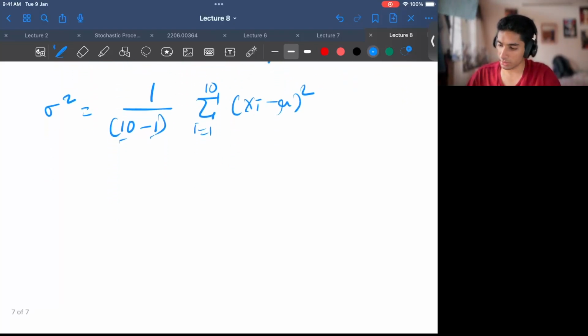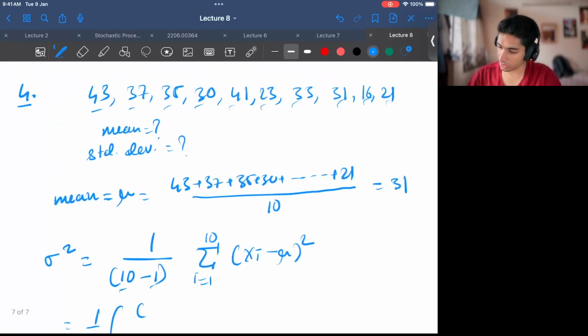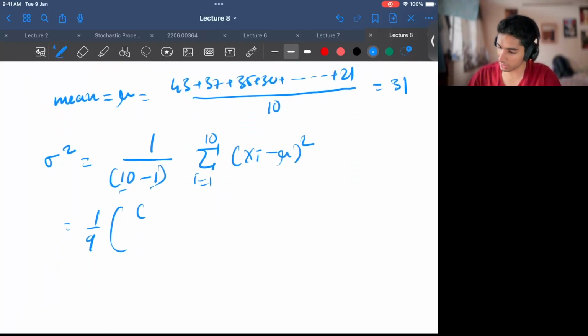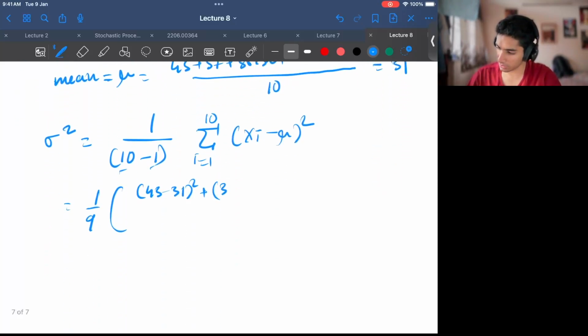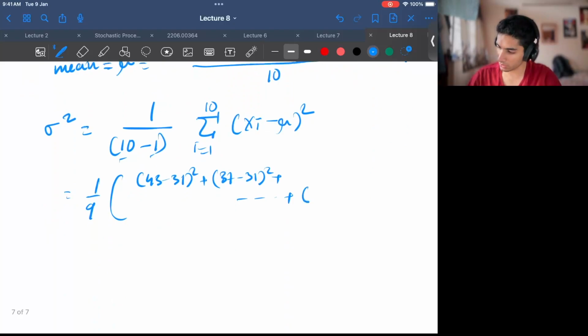So this will be 1 over 9 into 43 minus 31 whole square plus 37 minus 31 whole square plus, so on, till the last one, 21 minus 31 whole square.